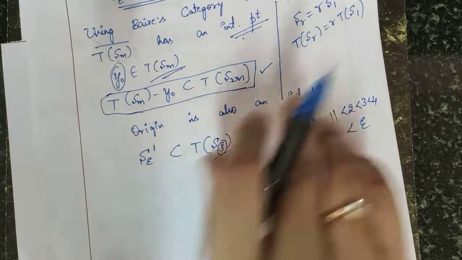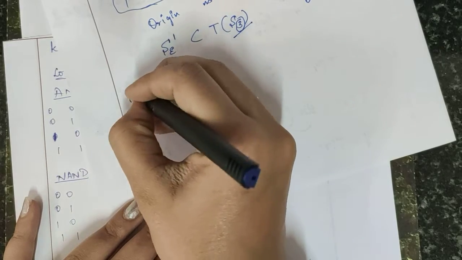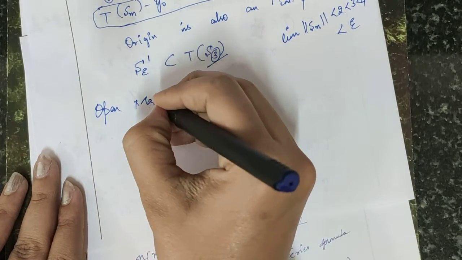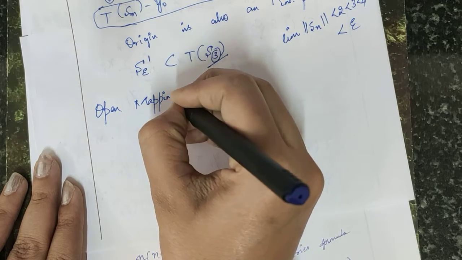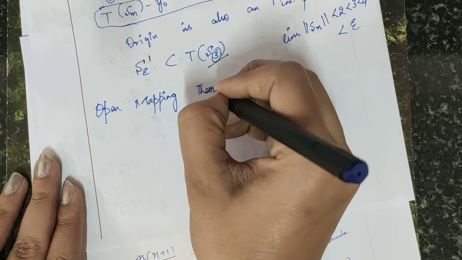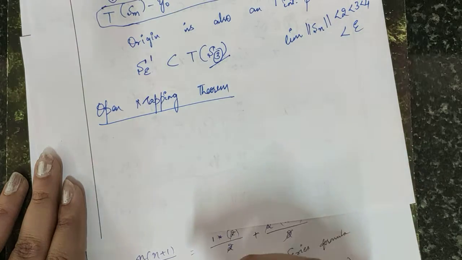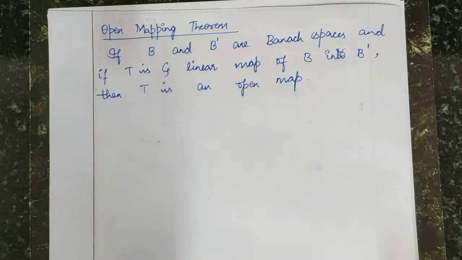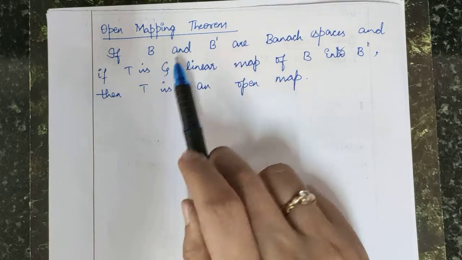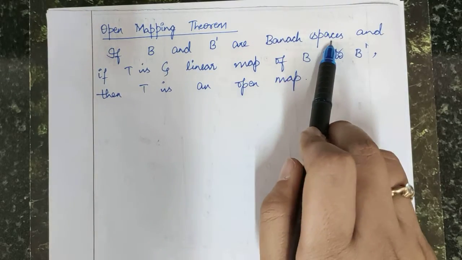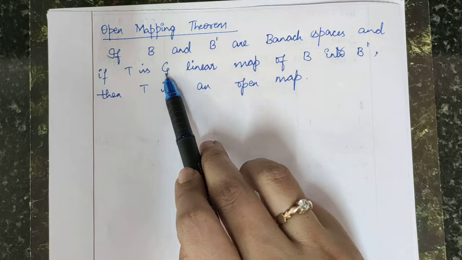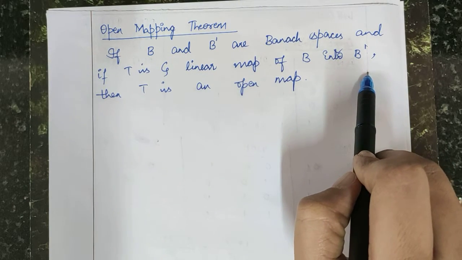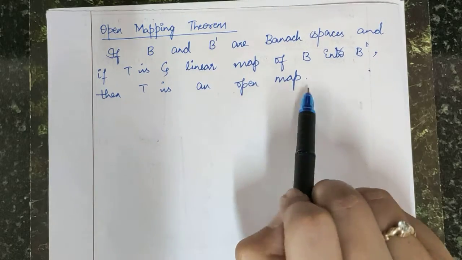Now using this theorem I will prove the open mapping theorem. First let us see the statement of the theorem, then we can prove this. The statement of the open mapping theorem says that if B and B prime are Banach spaces and if T is a continuous linear map of B into B prime, then T is an open map.